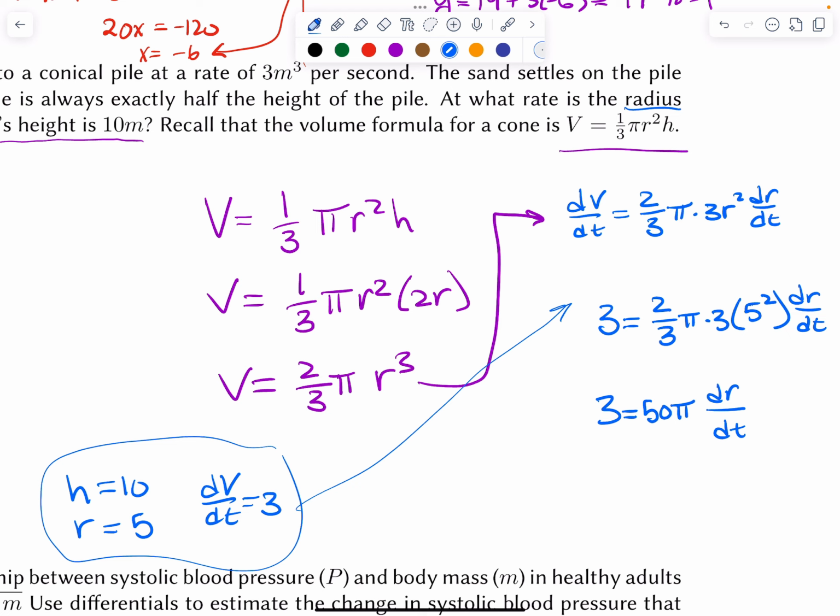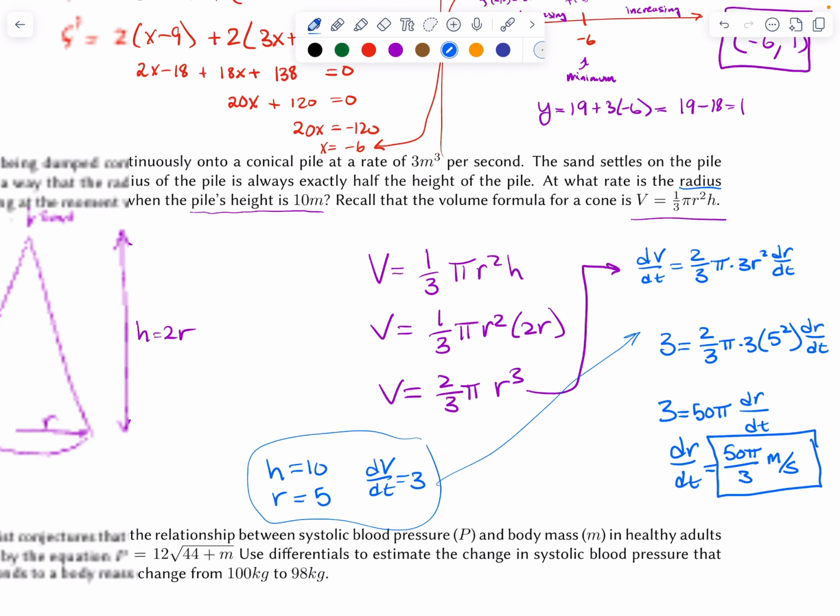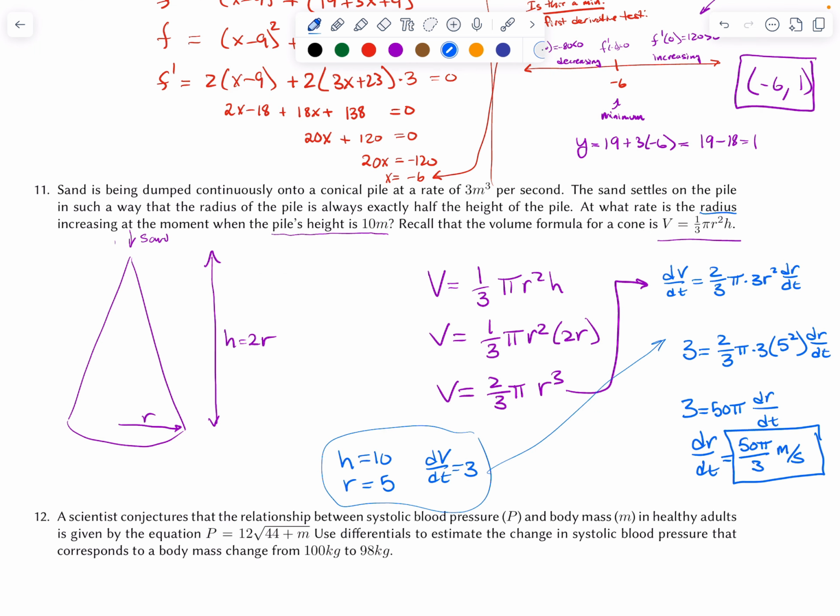Cancel the 3's. 5 squared is 25 times 2 is 50. So dr over dt ends up equaling 50 pi over 3 meters per second, which is very fast. Well, there it is. I think that's it for this one.